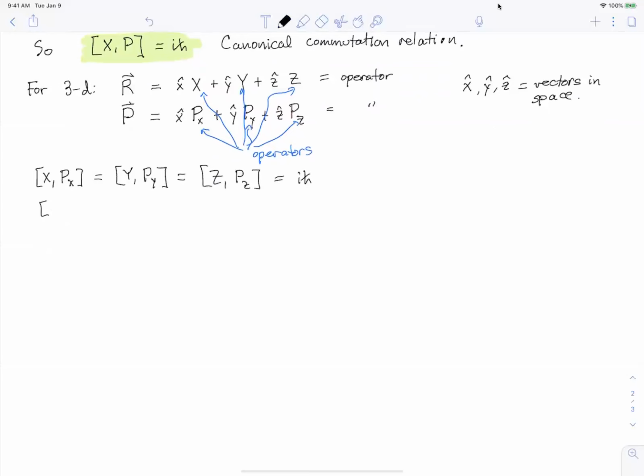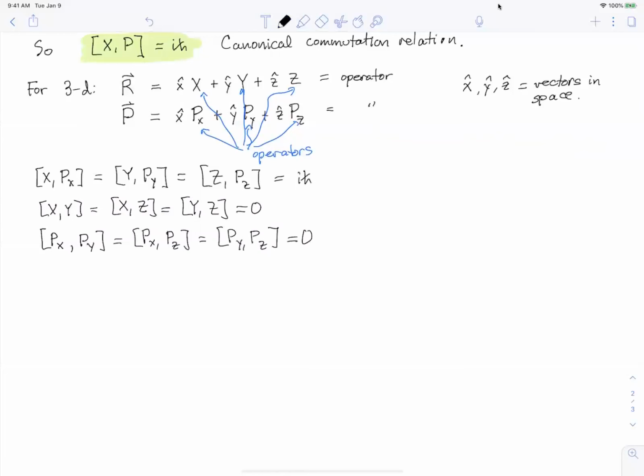So for example, the commutators of X and Y, X and Z, and Y and Z are all 0. The same thing for the corresponding momenta: p_x and p_y, p_x and p_z, and p_y and p_z. Those commutators are all 0.